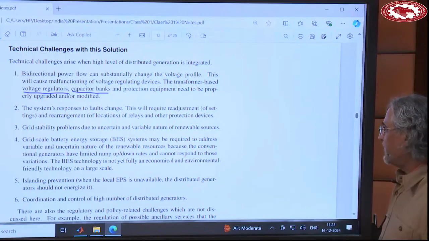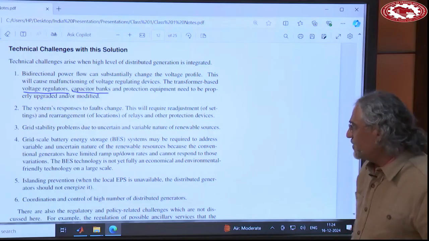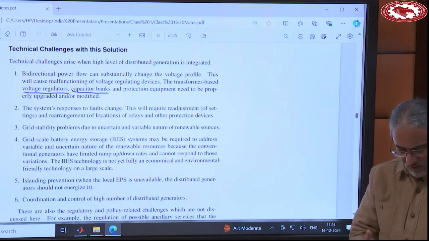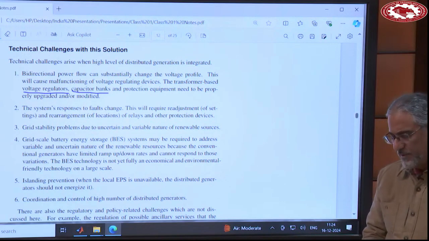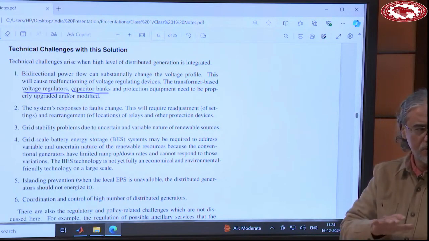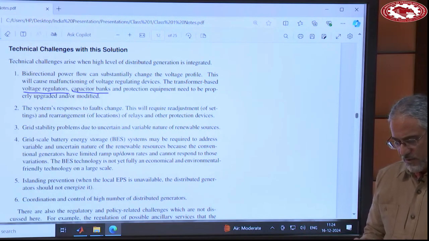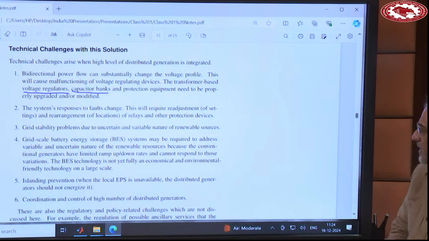The second item is regarding protection, the system's response to faults. When faults happen in the system, these protection devices are mostly based on detection of an overcurrent. A fault is normally a short circuit fault, so one line of the system connects to the ground, or two lines connect together.